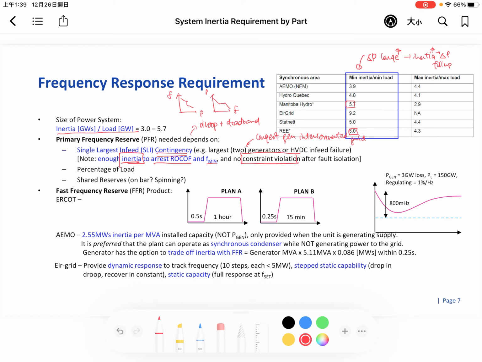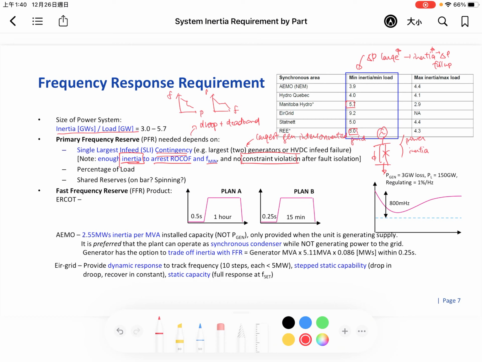Just like if we have only two feeders connected to a load, once I have a cable tripped, the other cable cannot take so much power from the generator to the load, and it will be a problem. Or the generator cannot generate so much power to the load, and it will be another problem. The power is a problem itself, and the inertia is another problem. You can't mix it up.